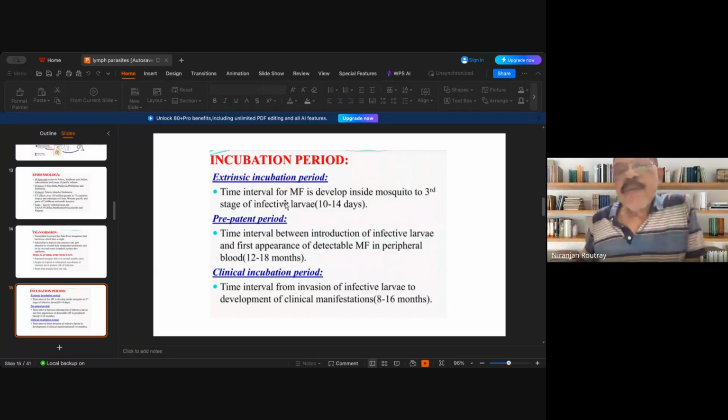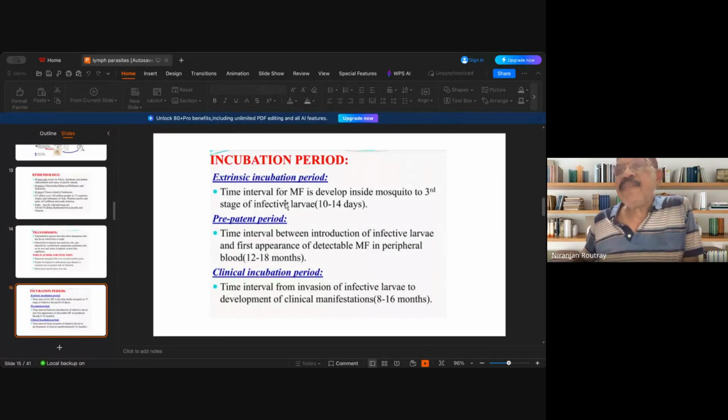Pre-patent period is the time interval between the introduction of the infective larva, when the mosquito bites the human being, and the first appearance of detectable microfilaria in peripheral blood. It is 12 to 18 months.